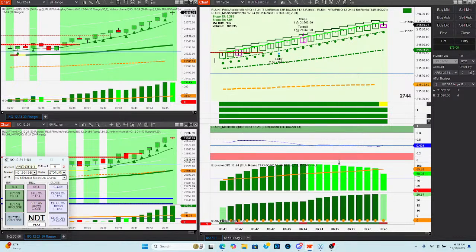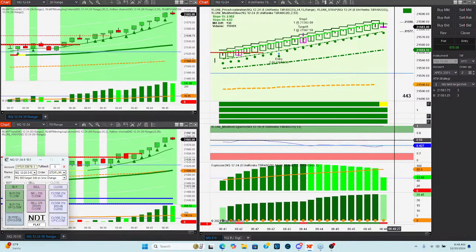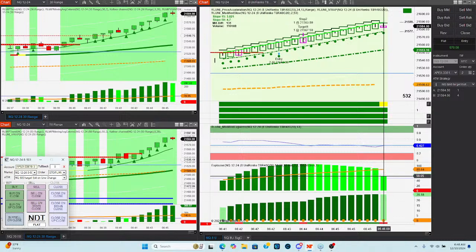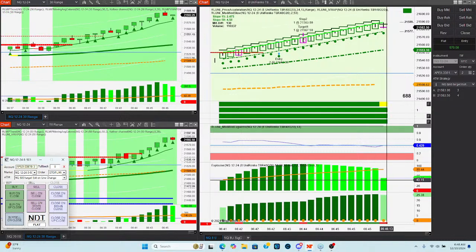Now, things that tell me that this thing might be weakening. Obviously, we lose a quant. Fractal starts to go up. More so, this explosion bar dips below the orange.